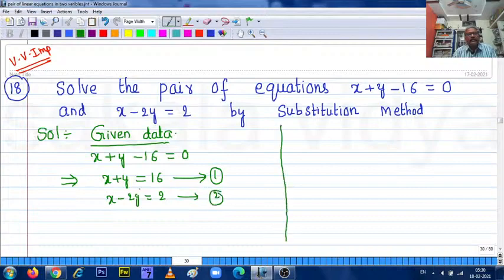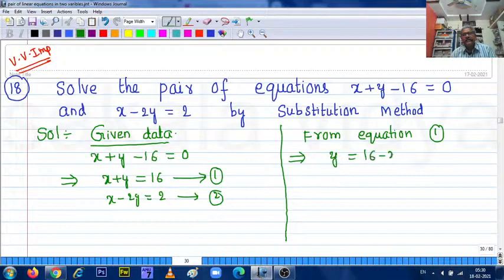Substitution method means, from equation 1, this y, we can transpose x to the right hand side. So we get y equals 16 minus x. Substituting y equals 16 minus x in equation 2, that is called substitution method.